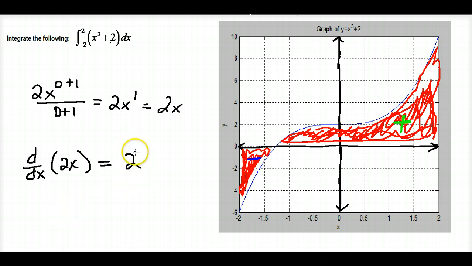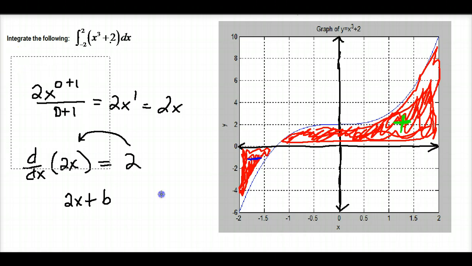And so if we went backwards and said, give me the antiderivative of a line that has a slope of 2, that would be 2x plus b, and b would be whatever the y-intercept would be. Okay? So that's why that makes sense. So we'll go ahead and erase all of this, and then afterwards complete the example.